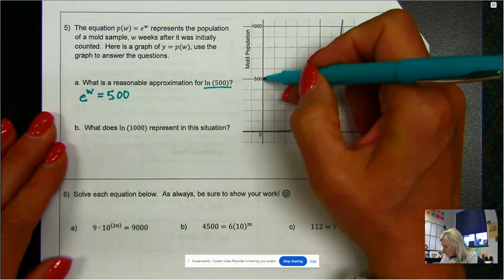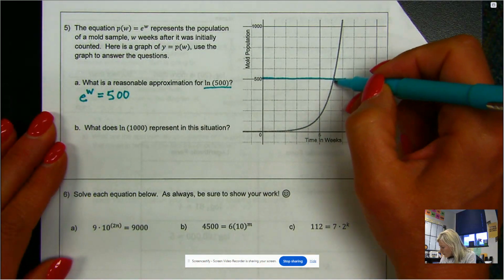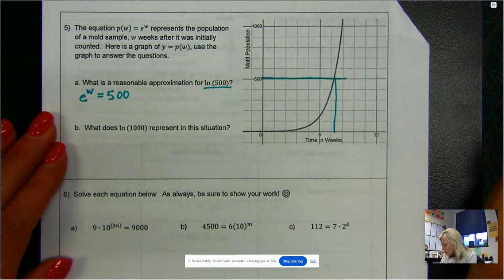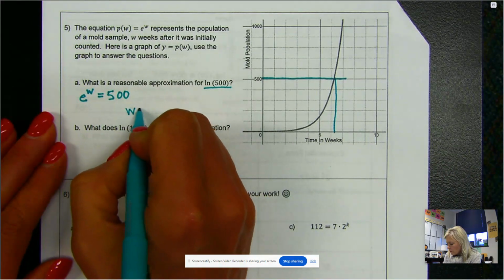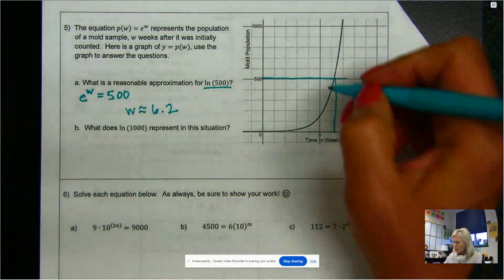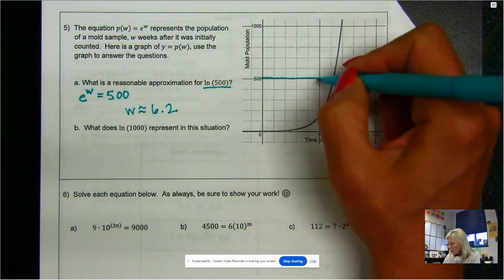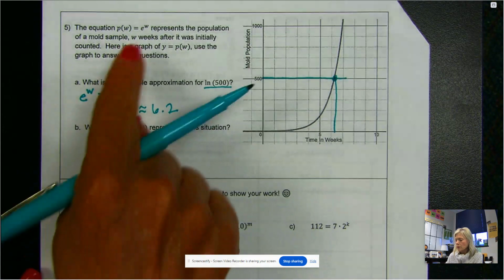So here's the 500. It intersects right after 6 weeks. So I'd say w is about 6.2, and you can see it on the graph. I want to mark where that is on the graph to show that I understand how it works with the natural log and an exponential function with base e.